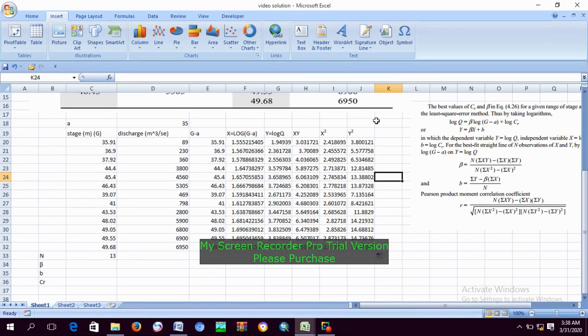So after calculating this value, we can determine the summation of xy, summation of x, summation of y, and summation of x square and y square.